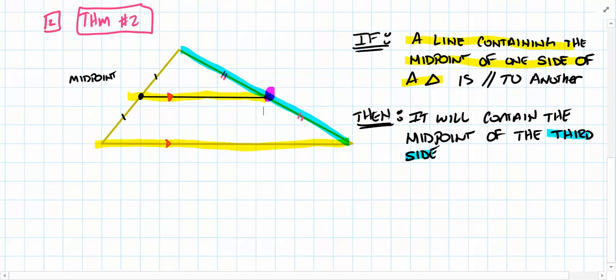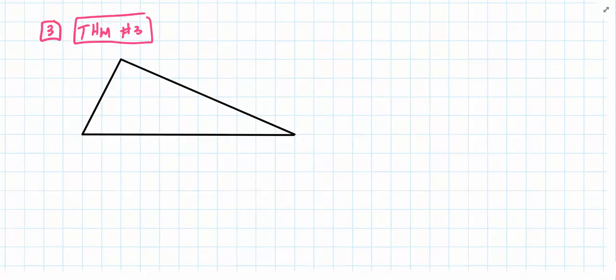Here's the setup for the third theorem. You have this triangle drawn. We're going to find the midpoint of the left-hand segment. I'm going to take a green pen and find the midpoint of the left-hand segment and call it right there.